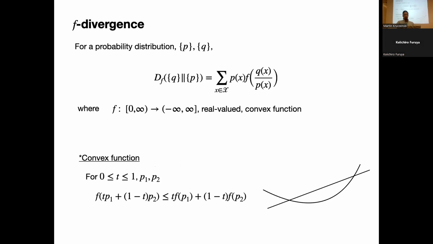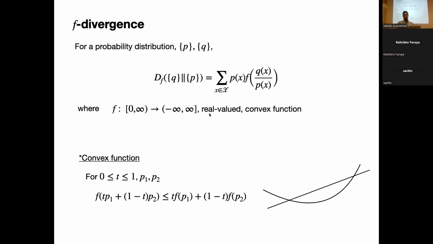Now the f-divergence is just a generalization of this Kullback-Leibler divergence. What it is: we have f acting on q over p. So this is the definition of the f-divergence. f is a function from positive real numbers to real numbers, with the extension to positive infinity.